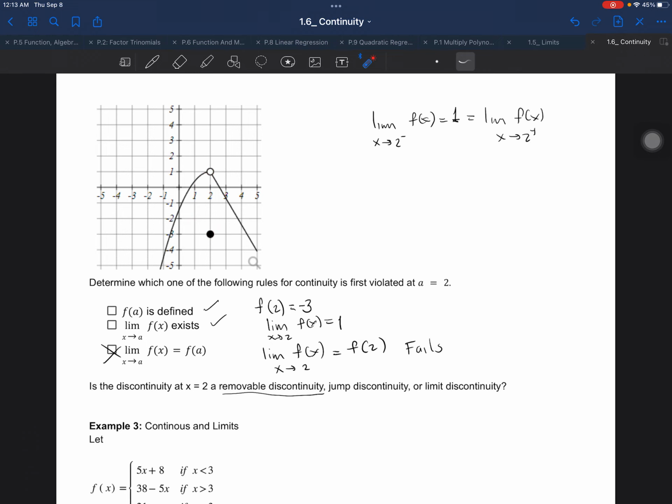By moving one single point, we have removed the discontinuity. So this is a removable discontinuity.